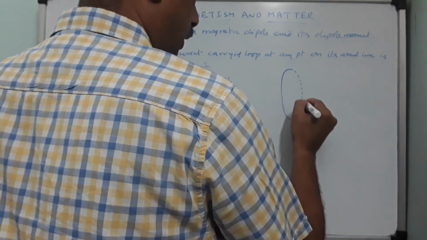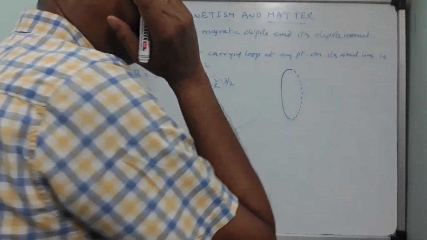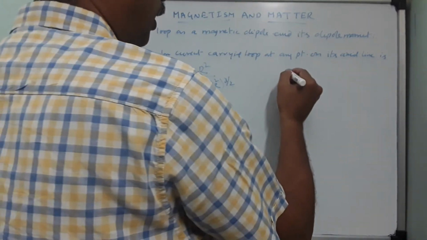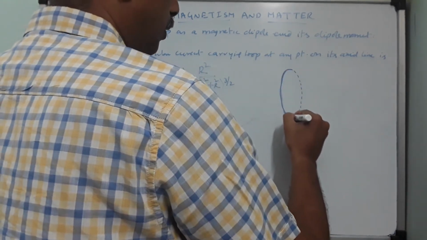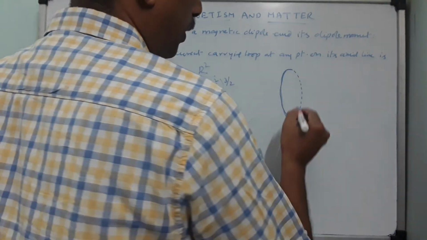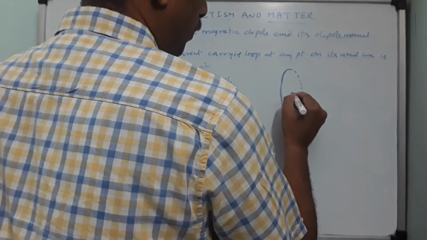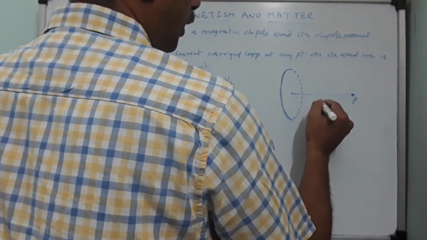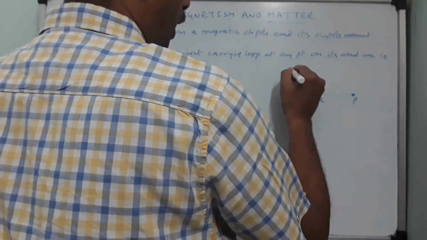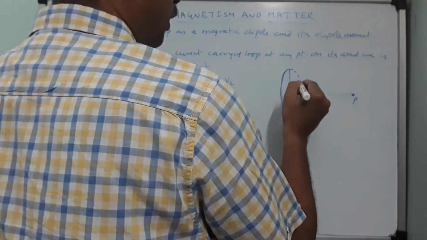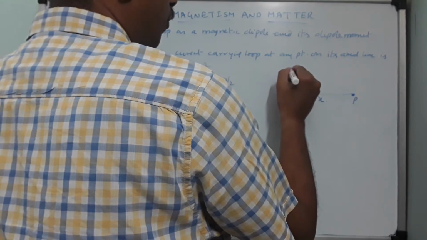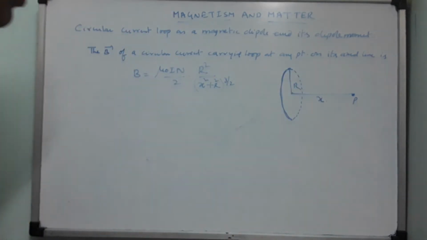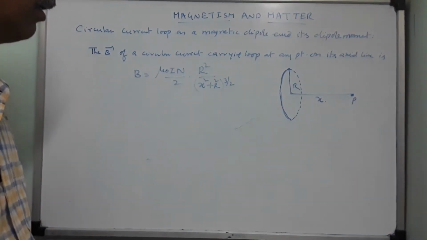So this dotted line indicates that this portion is behind the board and the solid line is on the plane of the board. So overall this coil exists perpendicular to the plane of the board. So from the center of the coil, here we have imagined the point P, and this distance is X, and this distance is R, and here we have imagined dB. So that is all different thing. I wanted to show you what is X and what is R.